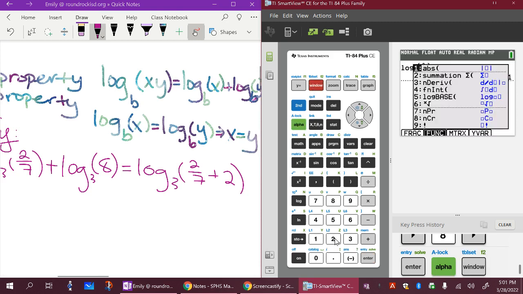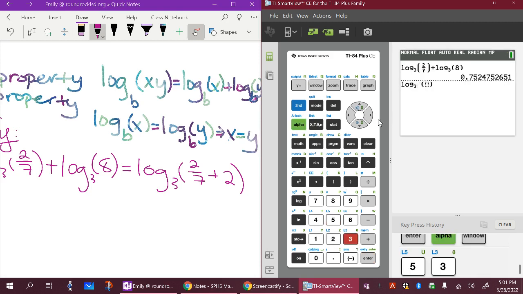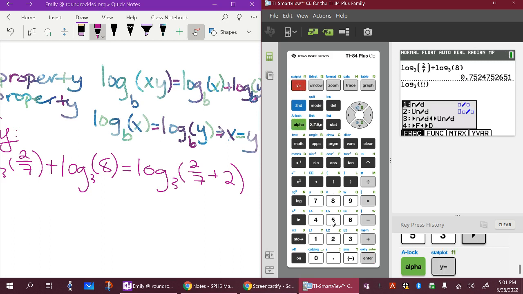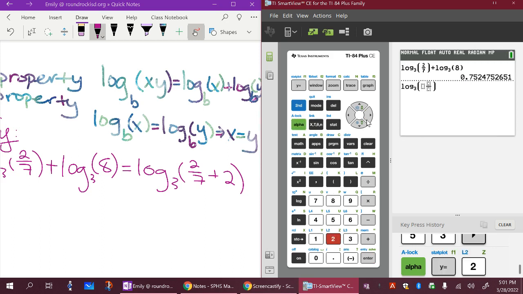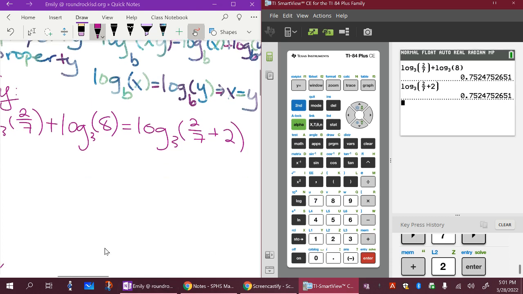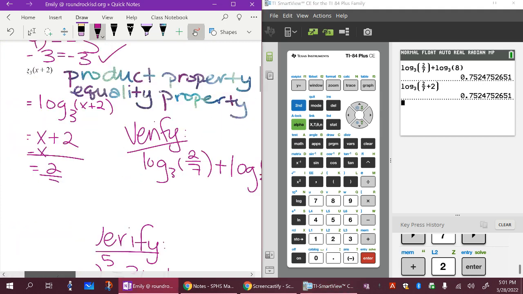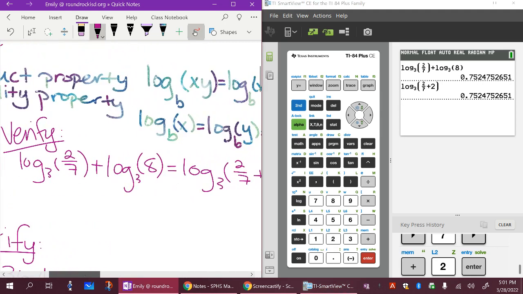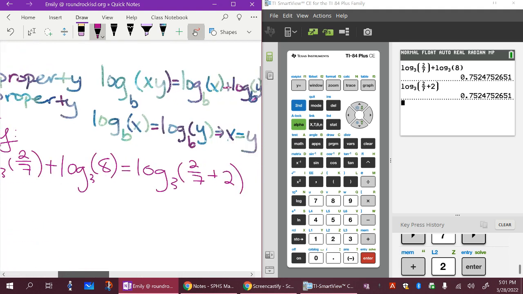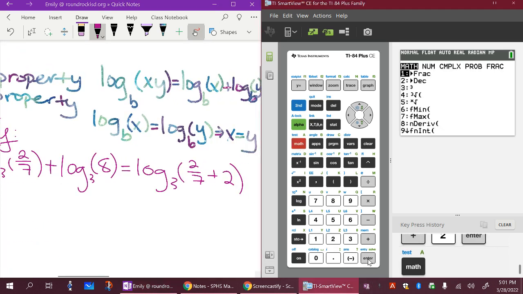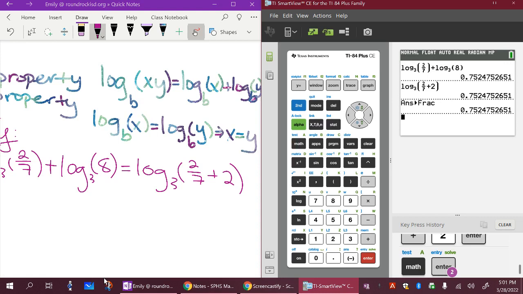equals. So now we're going to put in this one, log base 3 of 2 over 7. I didn't know I could do that. 2 over 7 plus 2. And we get the exact same decimal. So, okay, it doesn't turn into a fraction.